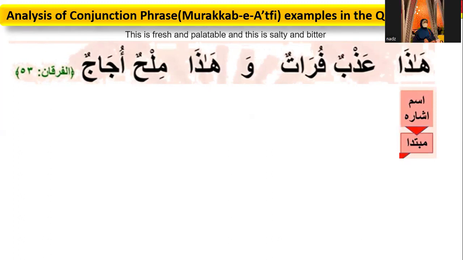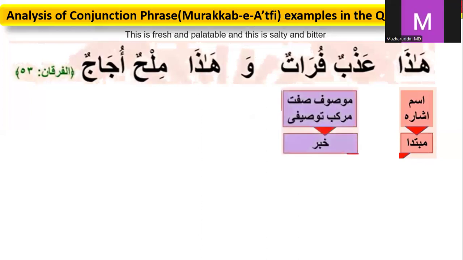And when the sentence starts with a noun, which we call ismiya, the first part is mubtada. The second one, you can see that two words are in the same pattern, so it is murakkabe tawsifi. Am I right? We have learned azbun furatun.